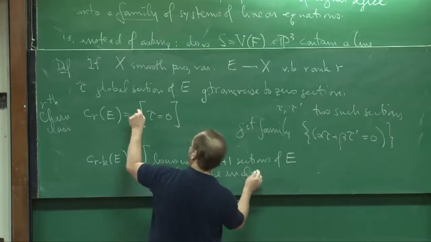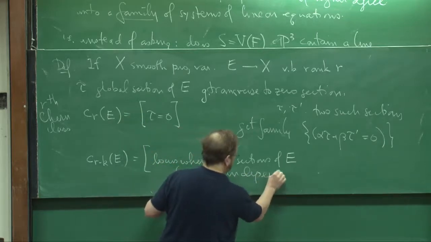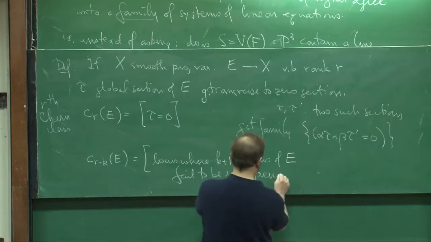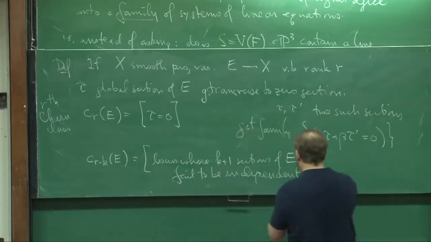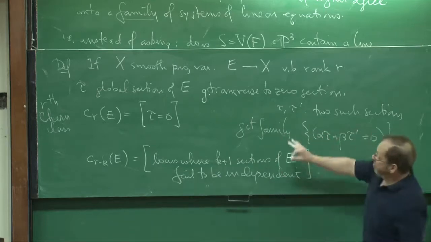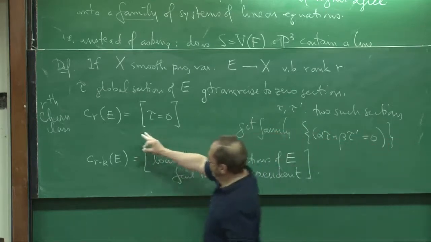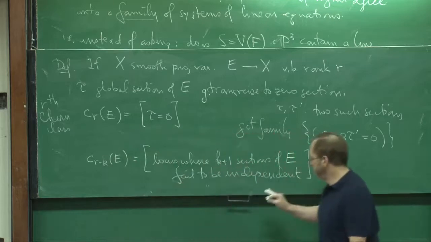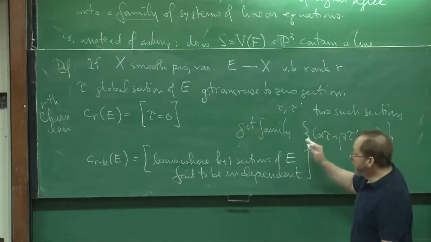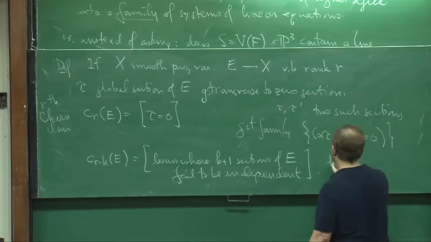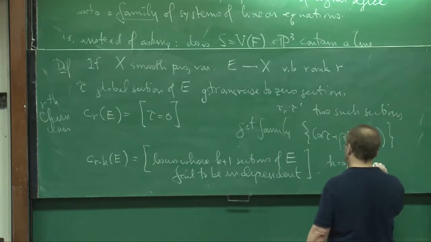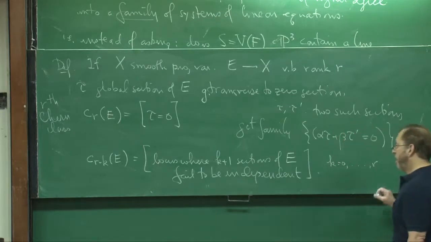So first the top Chern class. The definition of the top Chern class is just the case K equals 0. And this goes all the way down from K equals 0 down to R minus 1.